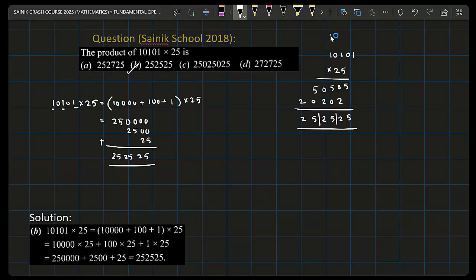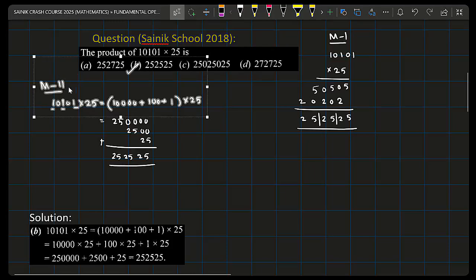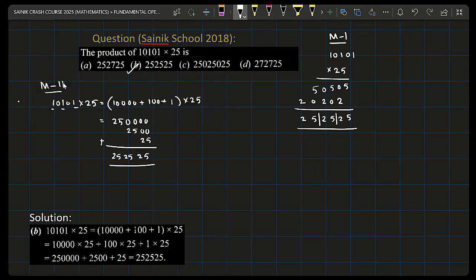Let us say this is method number one, and this is method number two.